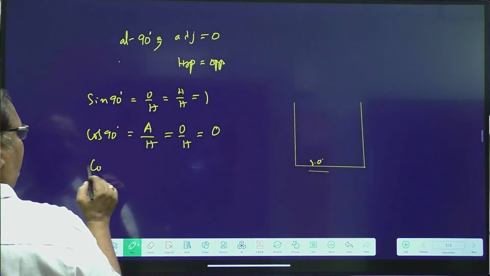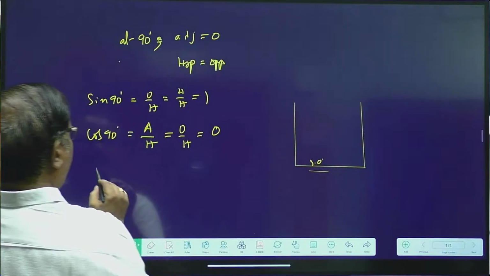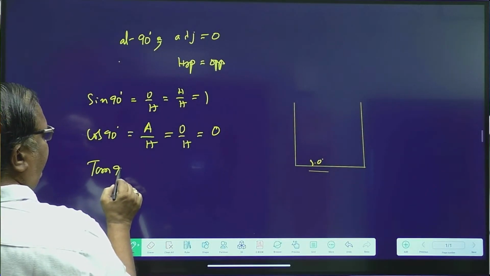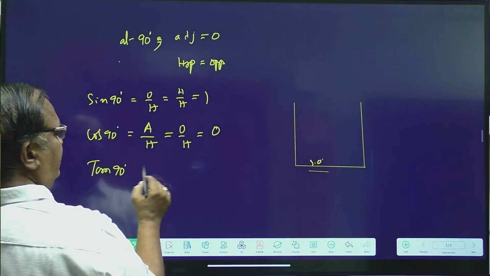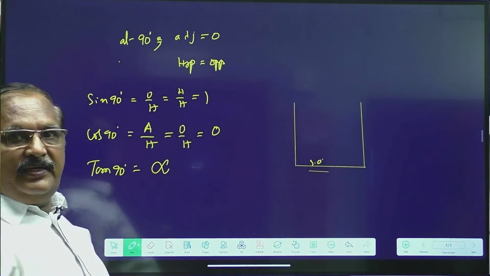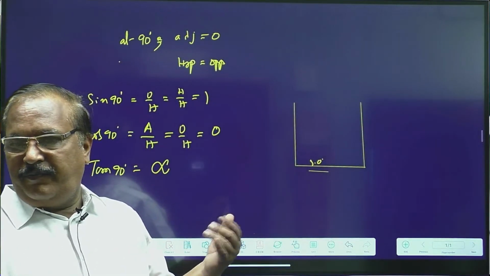The remaining things you will get automatically. Tan 90 degrees is sin by cos, 1 by 0. The denominator is 0, so it is infinity. Okay.